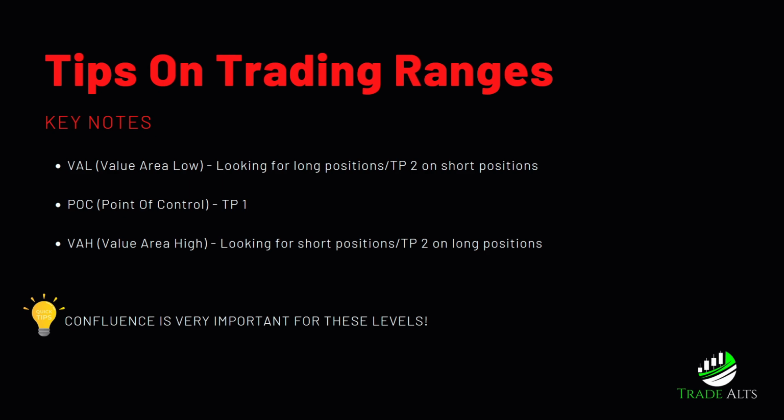Especially in mature ranges, these levels are relatively well defined, but to give yourself a better trading edge, I really, really recommend making sure that you have at least one other form of confluence to add strength that the level is going to hold, or it's going to reject off of there, for example. You want at least another form of confluence that tells you that that is a good trade to take.